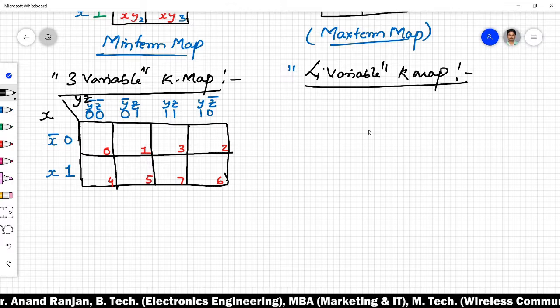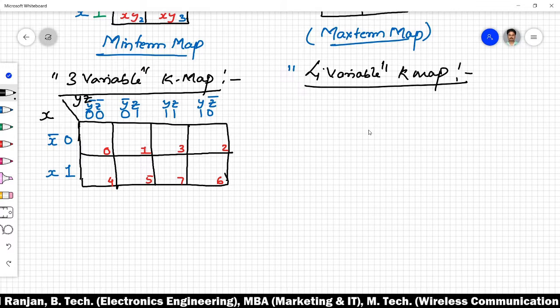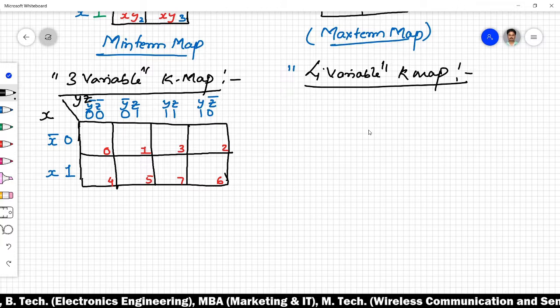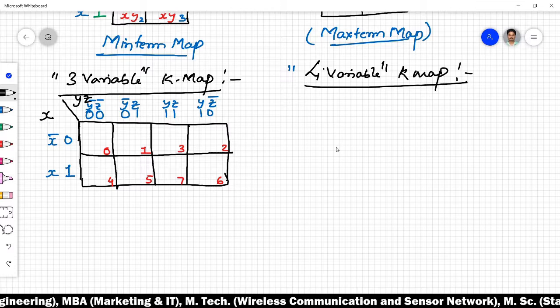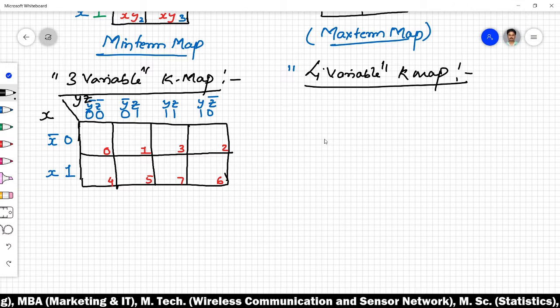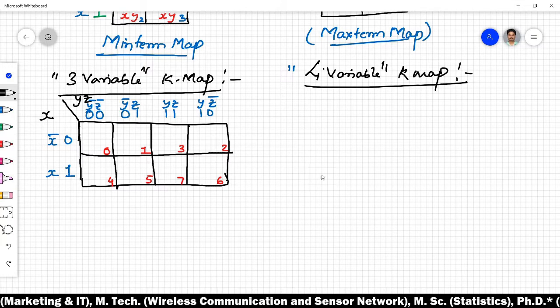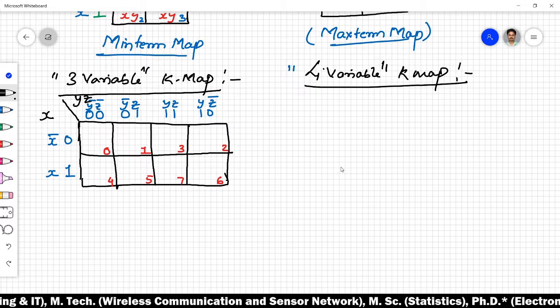With four input variables we can generate 2 raised to the power 4, that is 16 combinations. For representing all the 16 combinations in a graph, we will have to draw one rectangular box in which we can mention the 16 input combinations.